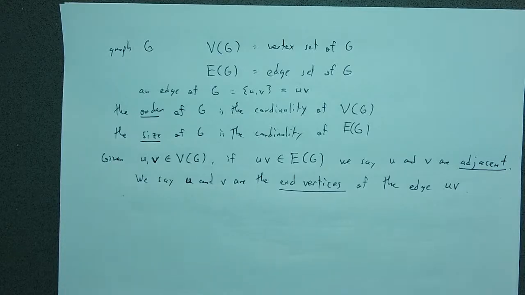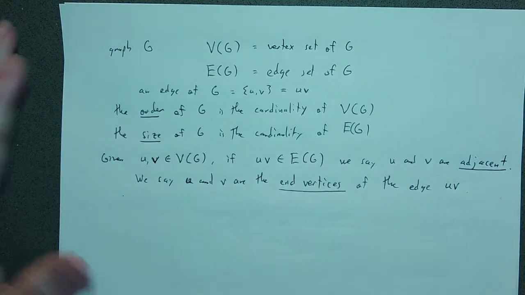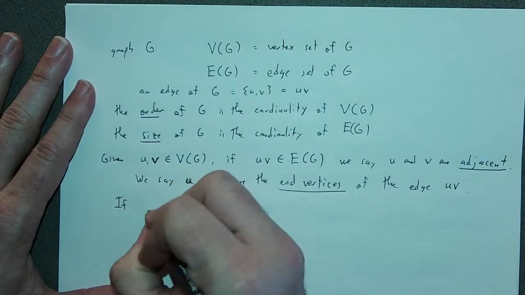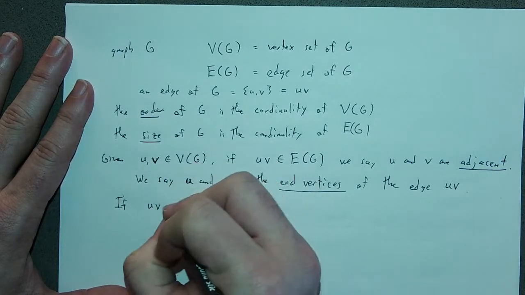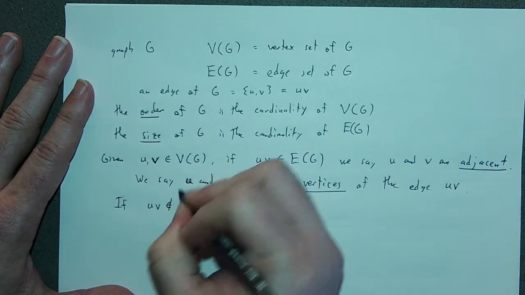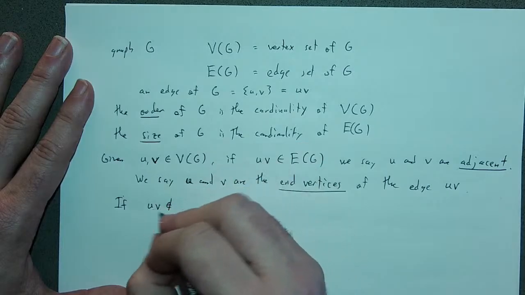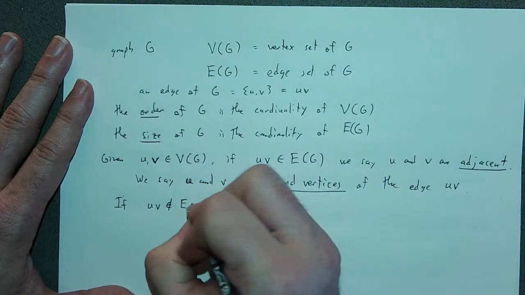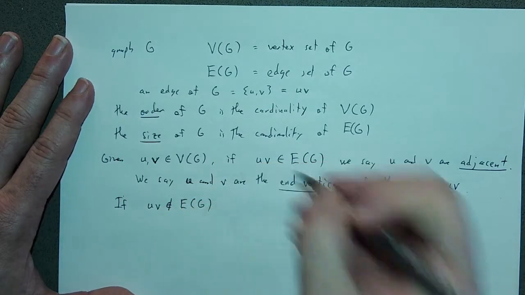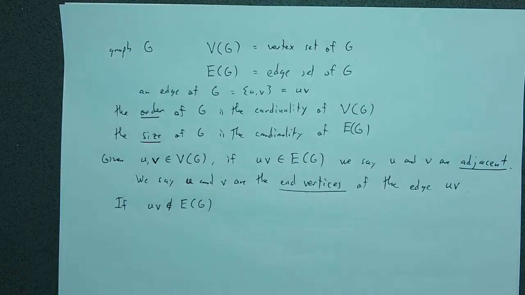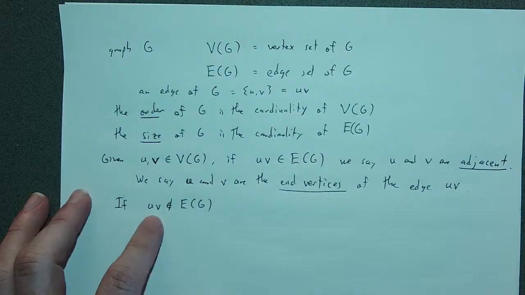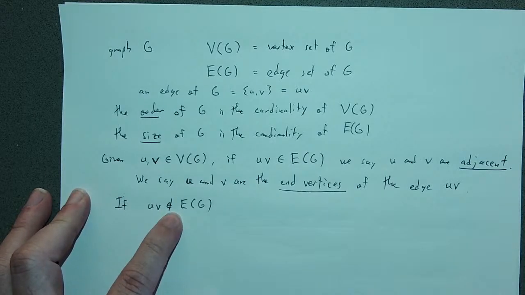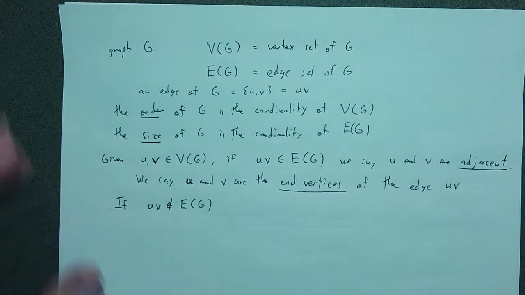Sometimes you want to focus on the edge itself. This terminology is just giving us a way to do all those things. If the edge connecting UV is not in the edge set, so it's not an edge on the graph, it seems strange saying if the edge is not an edge. But if UV is not in the edge set of G, we would say that U and V are non-adjacent.